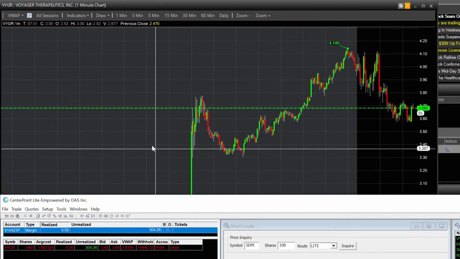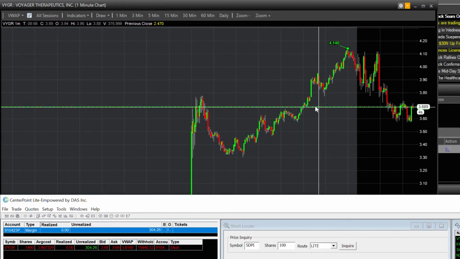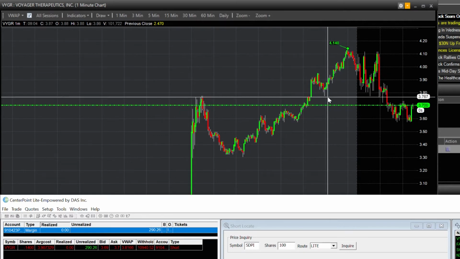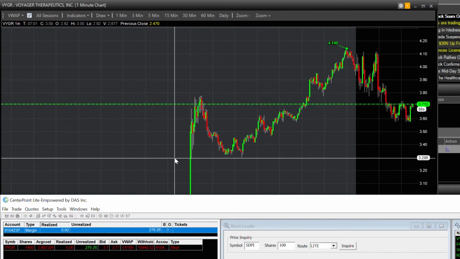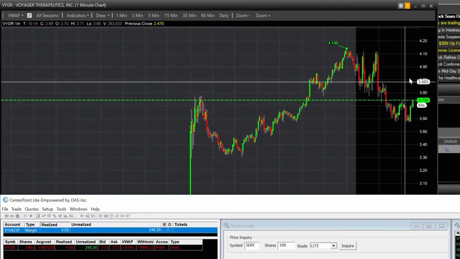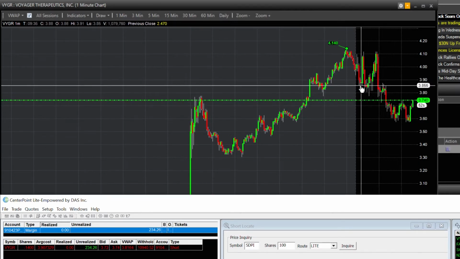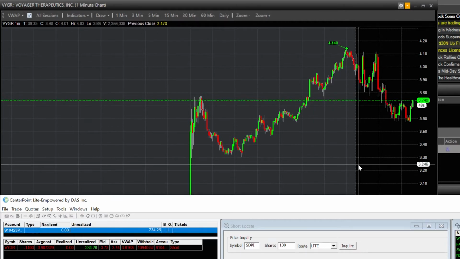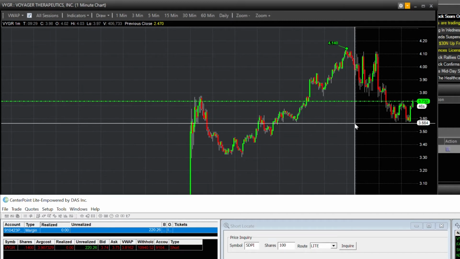So I can sacrifice just 1 cent of my average. It's not a big deal. But let's say if I shorted another 1,400 shares, I wouldn't be in a good spot, because my average now is going to be somewhere here, and it keeps spiking.